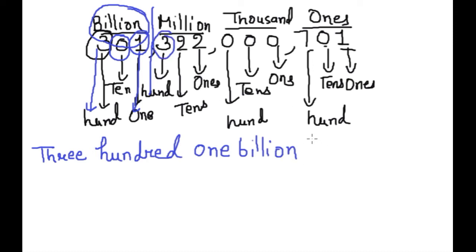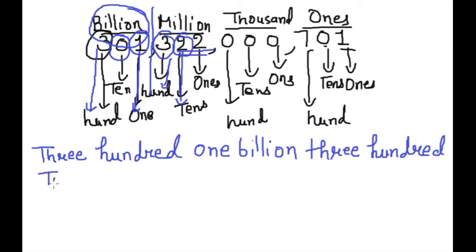Three. The place value of 3 is 100, so 300. Now come to 2. The place value of 2 is tens, so this is 22. And this period is over here, so this is million.